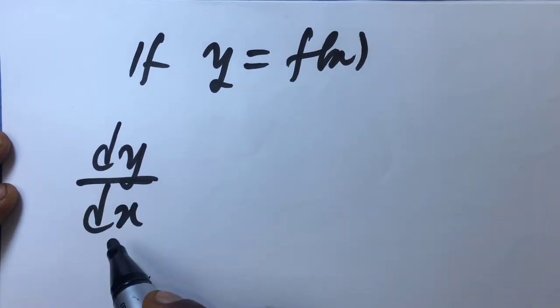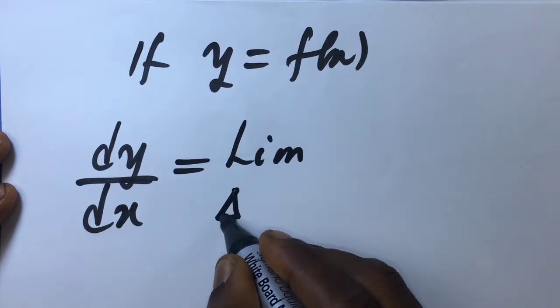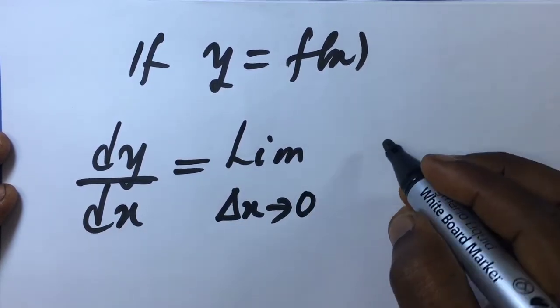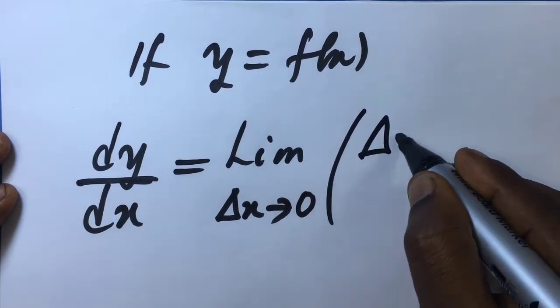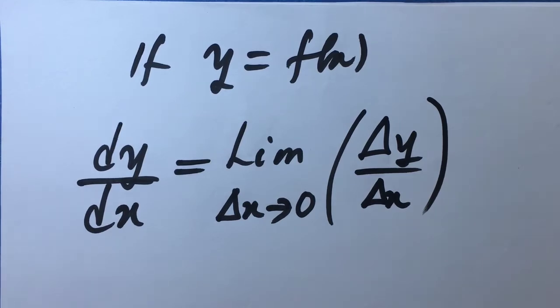It is defined as the limiting value, as an infinitesimal change in the independent variable x tends to 0, of what is called the gradient function, change in y all over change in x. And this gives the definition of dy dx, called the derivative of the function.